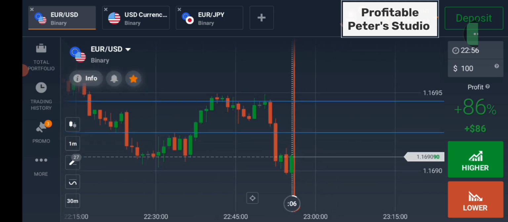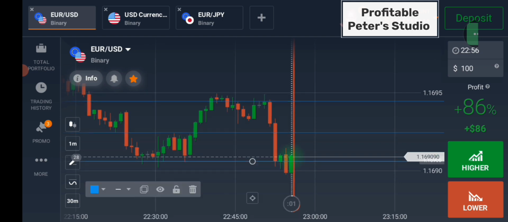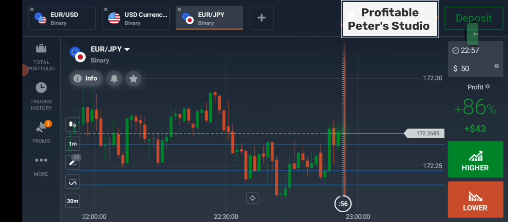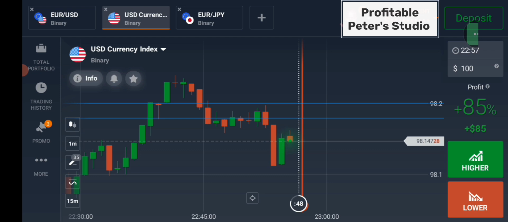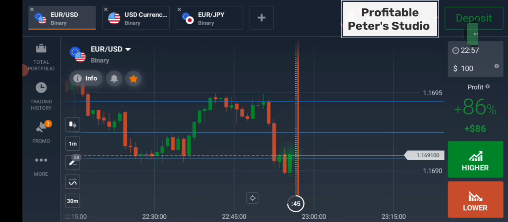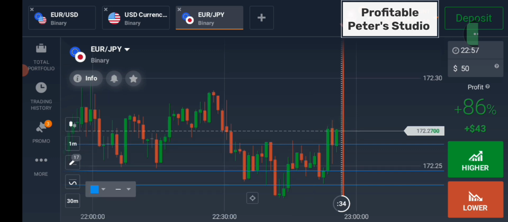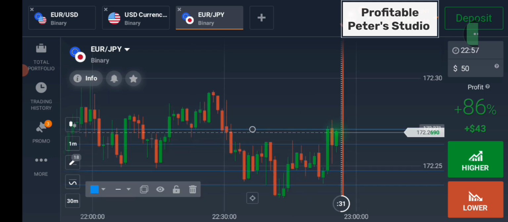Okay, let's see. Place my horizontal line here. Okay. Go back to Euro JPY. Place my horizontal line here.